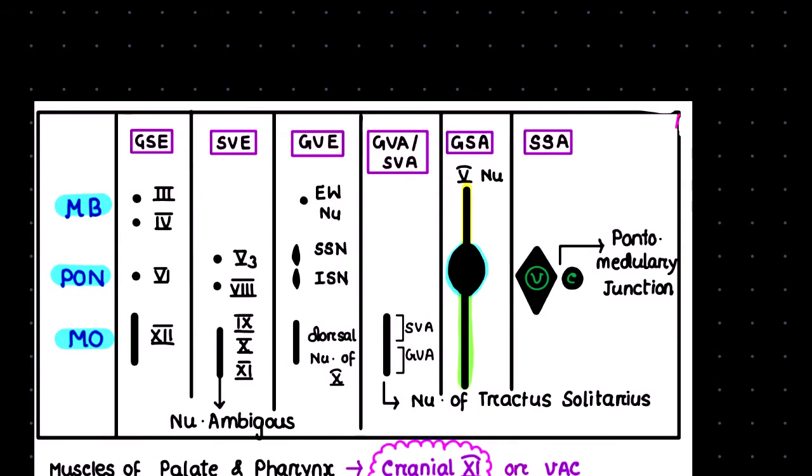So talking about the first one, general somatic efferent, if you remember, we said that this will supply our extraocular muscles and our hypoglossus muscle.